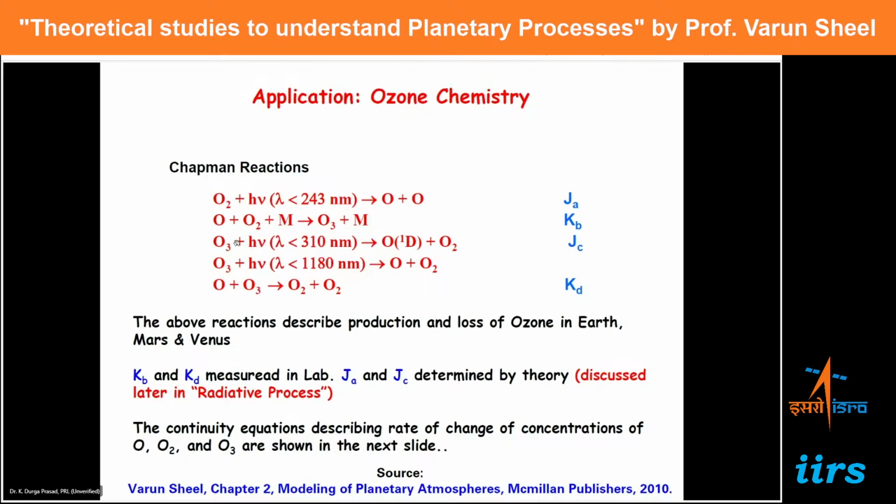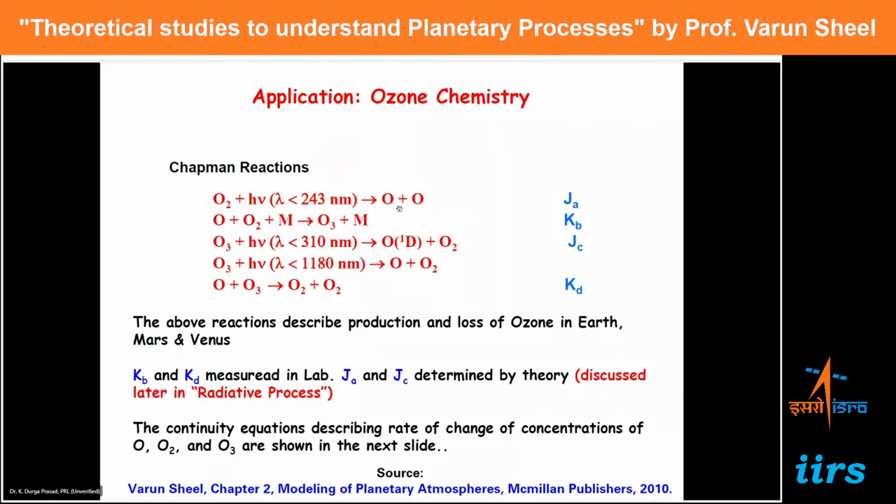Then there is another process where O3 gets photodissociated at wavelengths less than 310 nanometers to produce O singlet D plus O2. Then O3 can again get photodissociated at longer wavelengths to give O plus O2. Then O plus O3 has another reaction giving O2 plus O2.